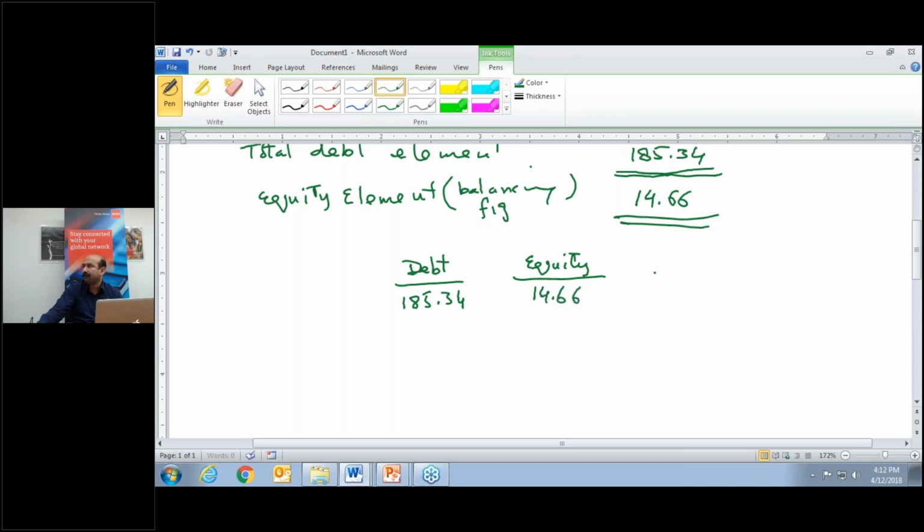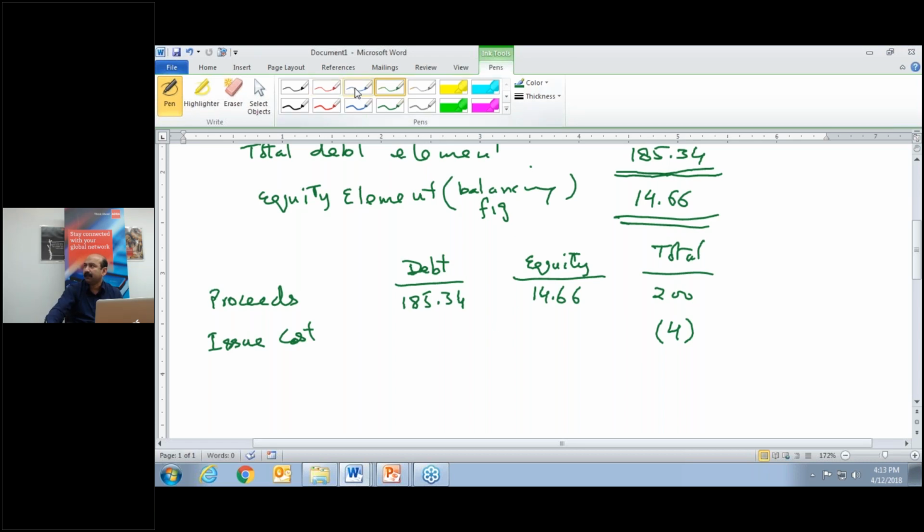And of course we know that the total is 200. These are basically the proceeds before any issue cost. Now, what is issue cost? Issue cost, we know from the example, is basically 4 million. We shall divide this 4 million between equity and debt on a pro rata basis.